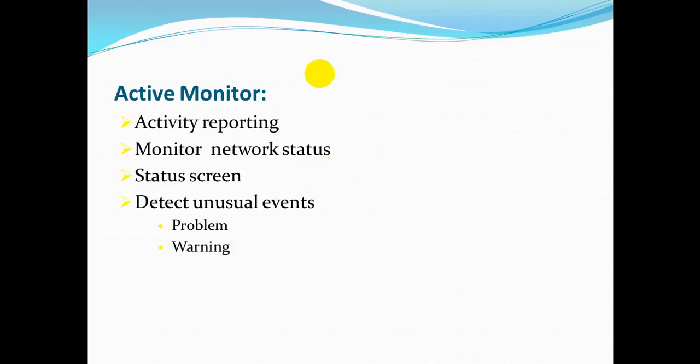The status screen is located in the operational area and continuously displays information. If any unusual event is detected by the Active Monitor, it displays it on the status screen. There are two categories of these events. Warning simply provides information, and a problem is reported when a serious condition such as loss of a PAD, link, host, or other network is detected.